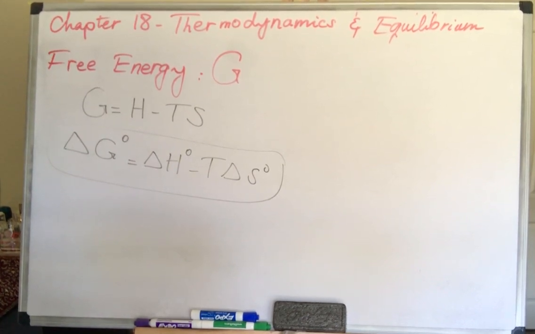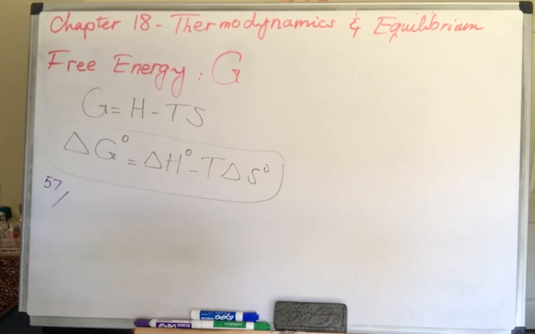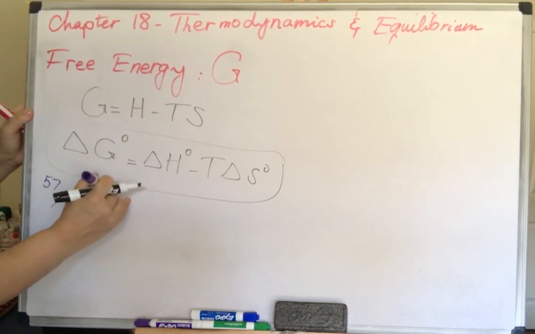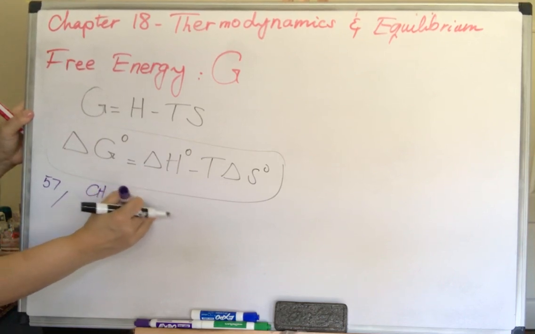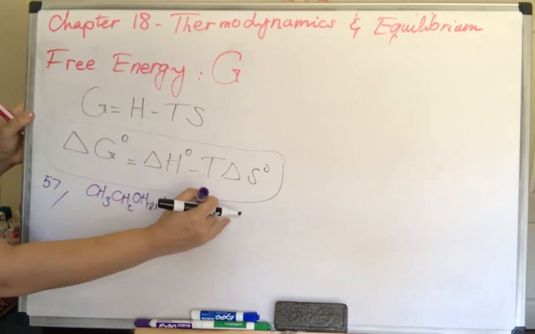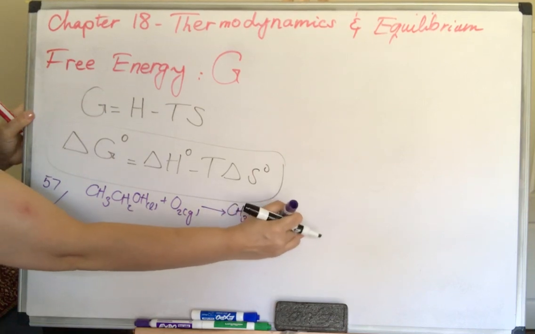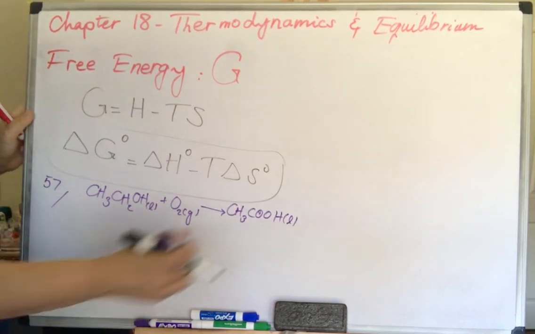So a question about it will be on slide number 57. I wish I had erased that slide. It's about, again, the same ethanol, liquid ethanol, which is oxidized by oxygen gas to form acetic acid and water.